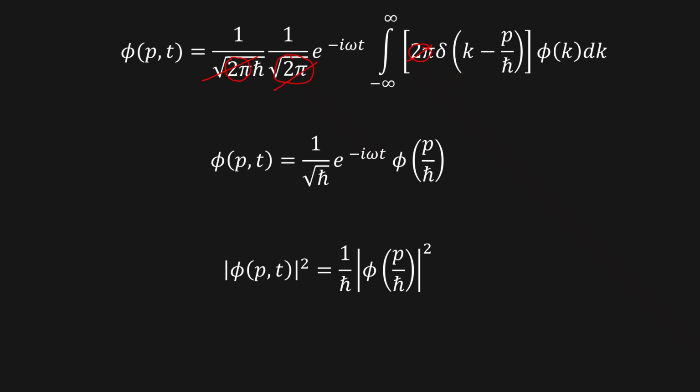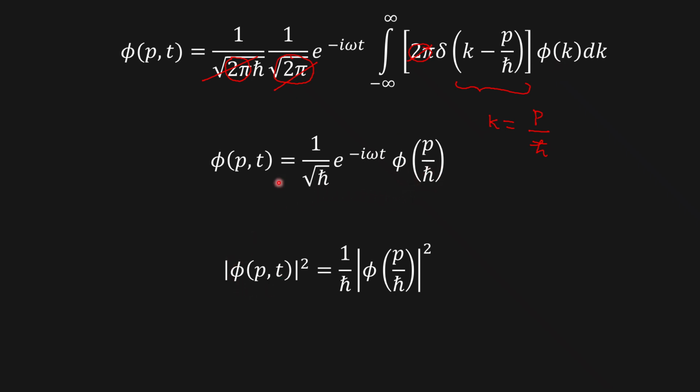And what about this integral? You will have a non-zero term only when the delta function argument is 0. When it is 0, you have a non-zero value, 1. Otherwise it will be 0. So you will have a non-zero value only if k is equal to p over ħ. So I am replacing k by p over ħ.